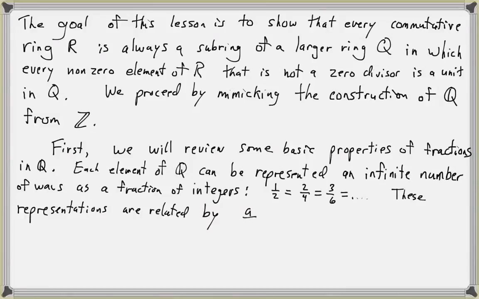The fraction A/B equals C/D if and only if, by cross multiplication, we have AD equals BC.